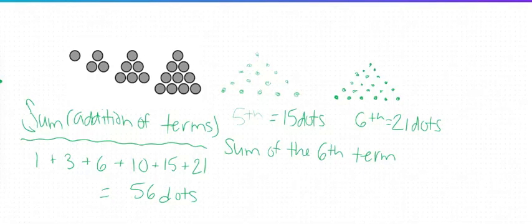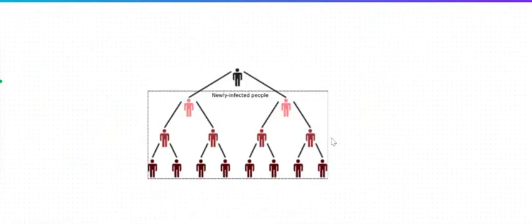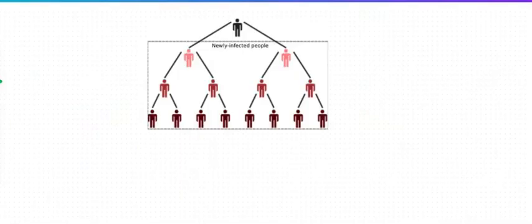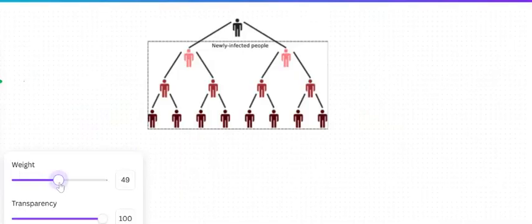Now the dots don't really have a meaning to it, but if I go down to my example with our infection, that's where things get really useful. If I have a person that gets sick, and then they get 2 people sick, and then they get 2 more people sick, and then 2 more, realistically, I don't really care that much about how many people are getting sick at a time.